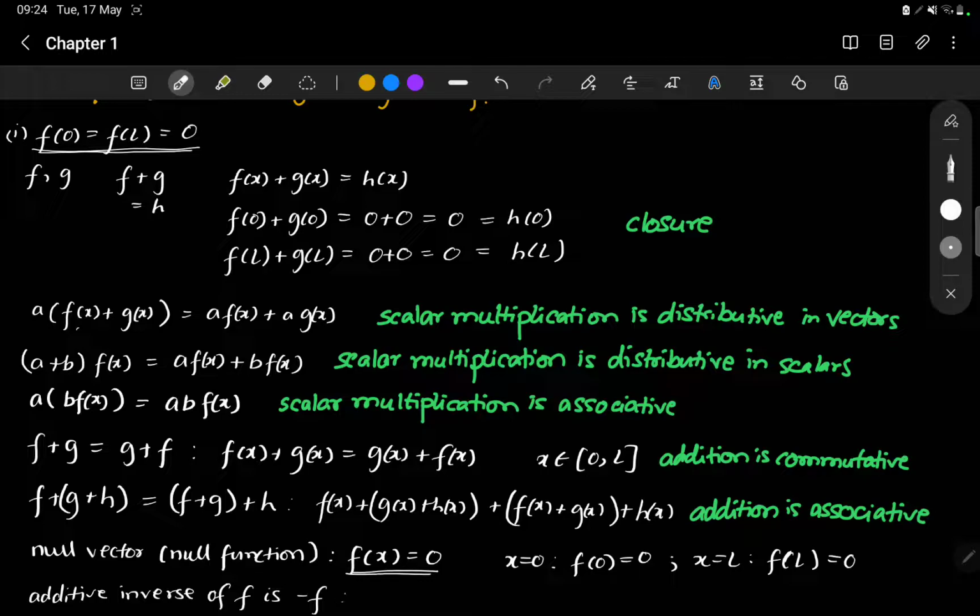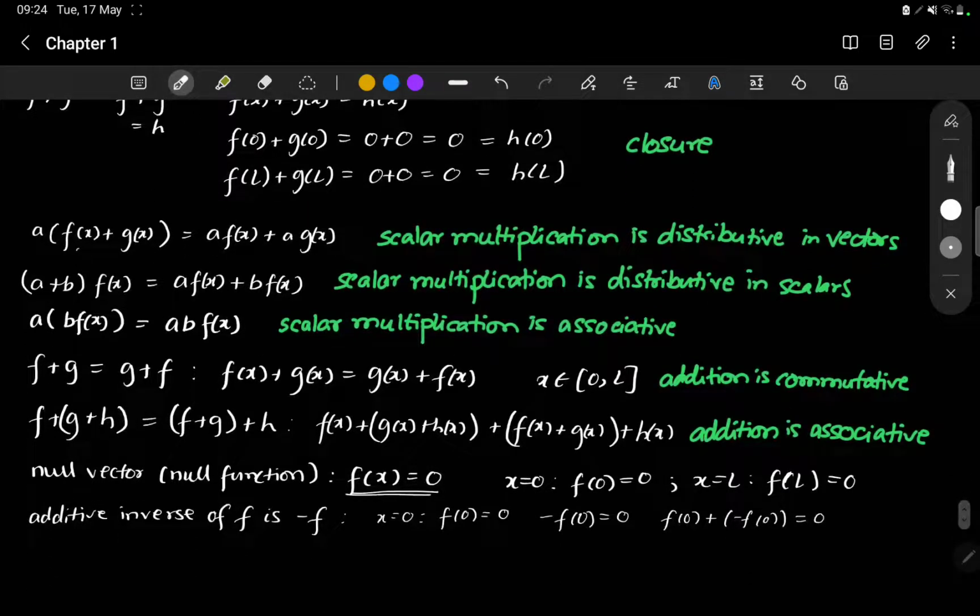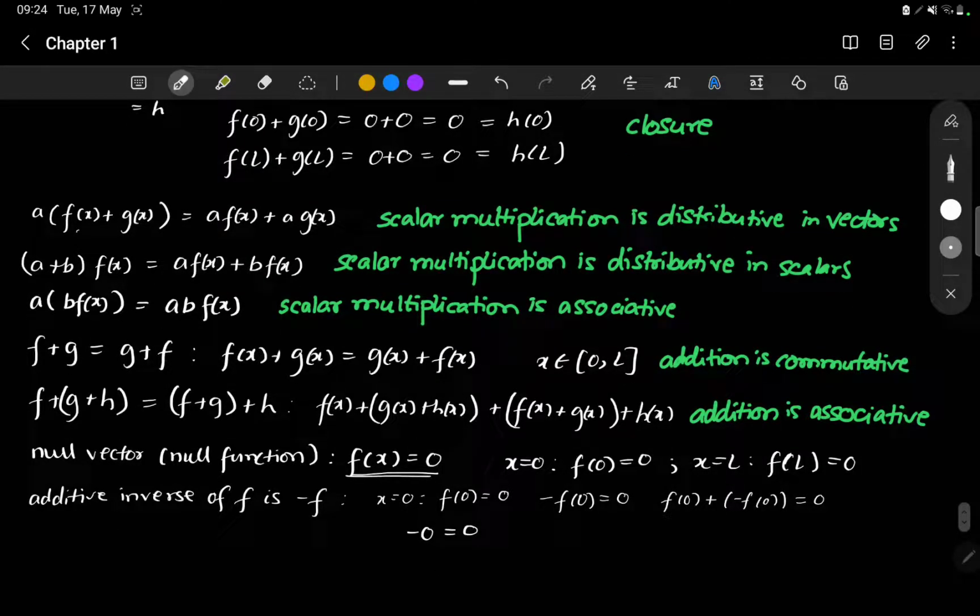Does the inverse exist? Yes, indeed it exists. Let's say at the endpoints, the endpoints are fixed. So at x equal to 0, does the inverse exist? Yes, because f of 0 is 0, and minus f of 0 is also 0. If we add f of 0 plus minus f of 0, that is also 0, because the negative of 0 is also 0. 0 is its own additive inverse.